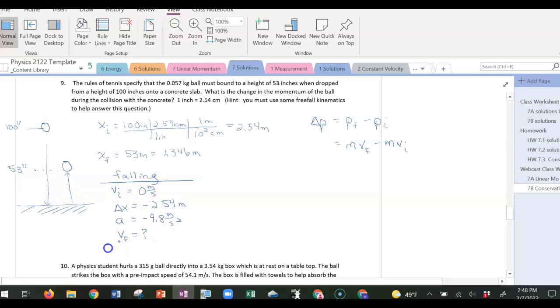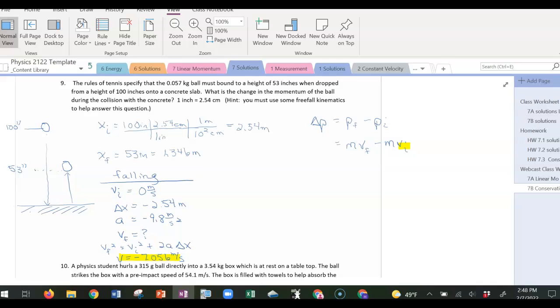And so I'm going to use a kinematic equation: Vf squared equals Vi squared plus 2a delta x. And when I plug in all of those numbers, just before it hits the concrete, the velocity is negative 7.056 meters per second. Okay, so that is the initial velocity as it's falling.